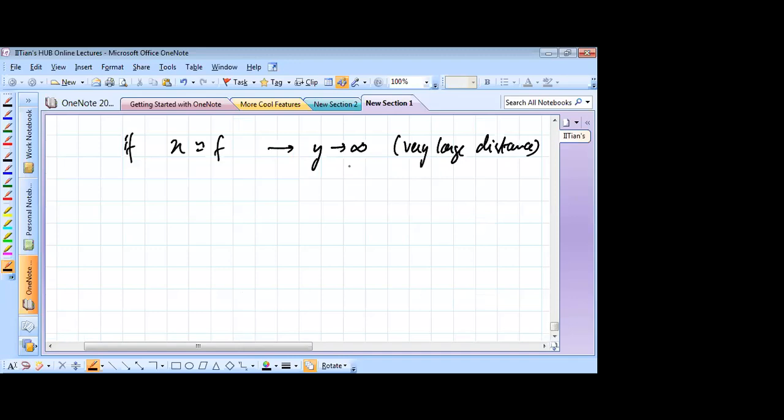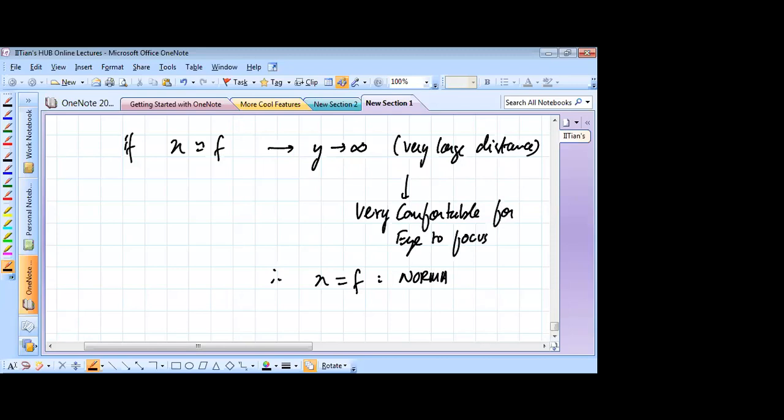In this case, the image that we are seeing is at a very large distance, so it is a very comfortable situation for the eye. That is why x equal to focal length is called the normal adjustment position for the lens.